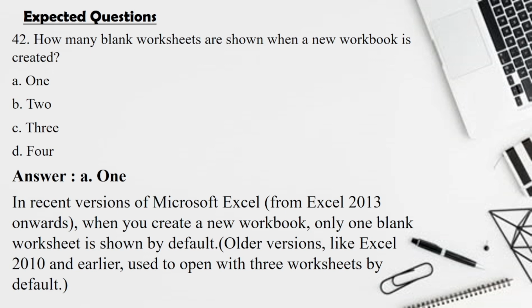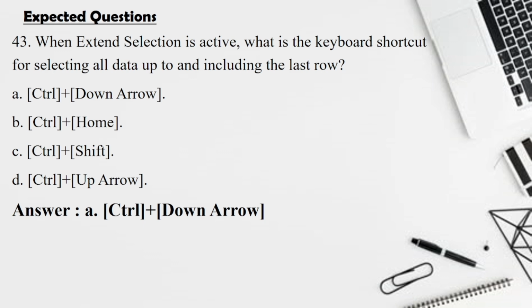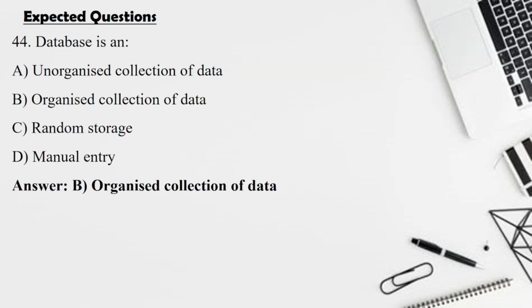Then how many blank worksheets are shown when a new workbook is created? Nowadays the modern software is only 1, or traditionally before 2010 it is 3. When extend selection is active, what is the keyboard shortcut for selecting all data up to and including the last row? Control plus down arrow.